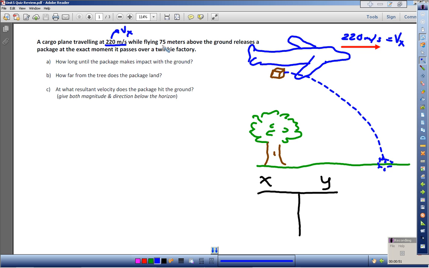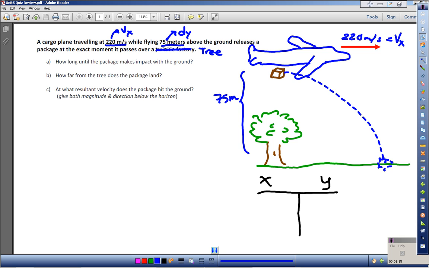I'm flying 75 meters above the ground, so above the ground is telling me that this must be my vertical displacement, so I'll label that. At the exact moment that it passes over a tree. To be honest, I don't have the inclination to draw a Twinkie factory.